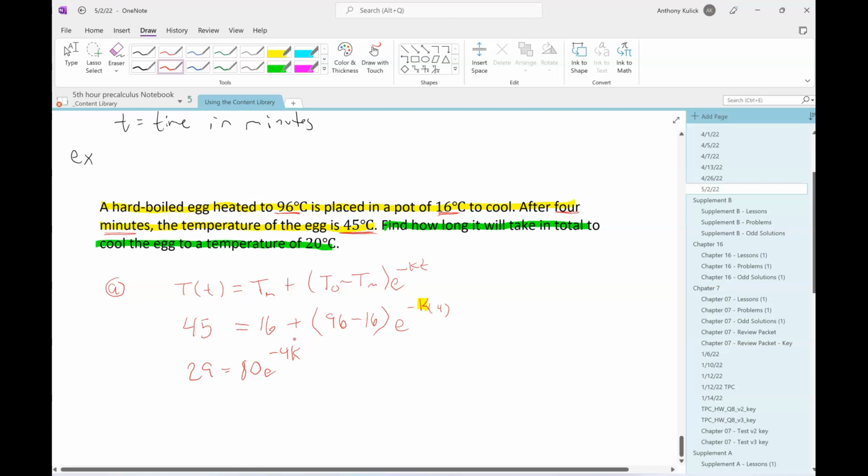Next up, what should I do? Not yet. I got to do something before I can bust out that natural log. What do I have to get rid of before I do that? The 80. Yeah. How am I going to get rid of the 80? Divide it. Yeah, divide both sides by 80.